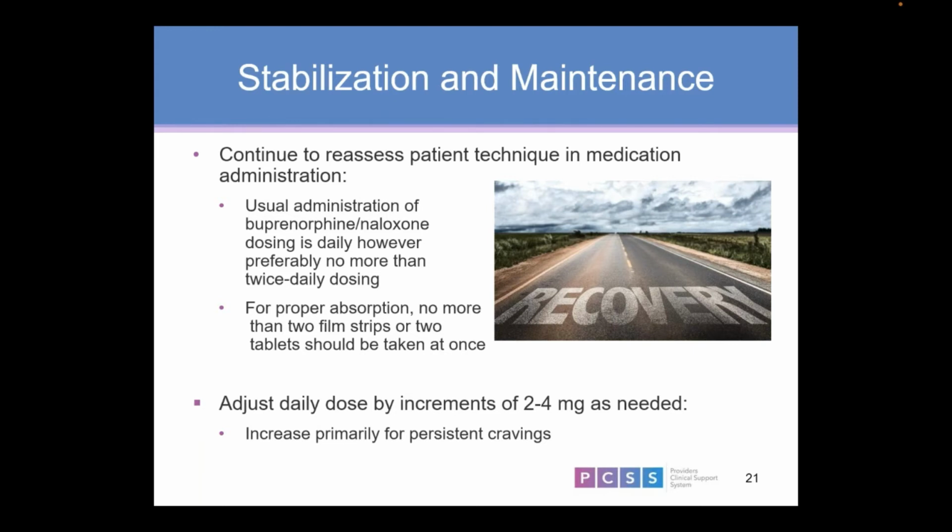What time of day? Are they holding it under their tongue or keeping it in their mouth long enough to absorb all the medicine? There's no problem with taking it twice a day or just splitting the dose.